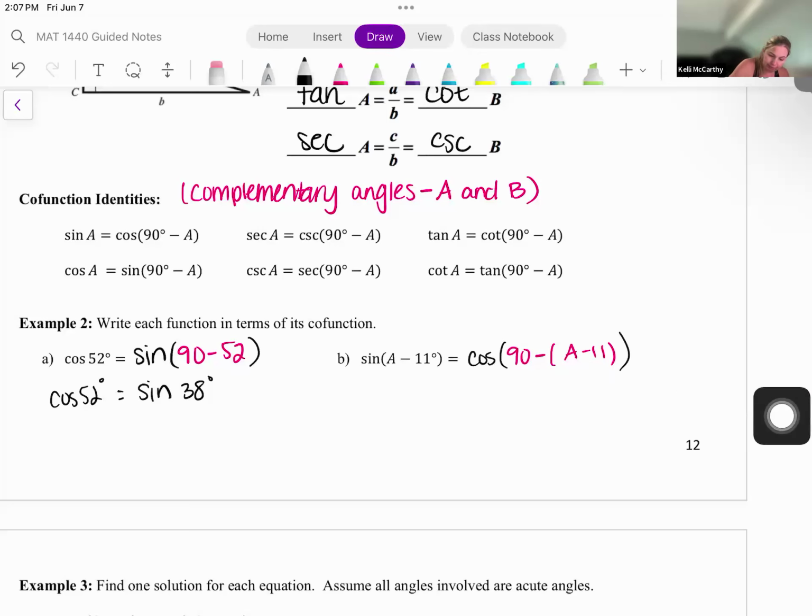So now we want to simplify. Distributing that minus sign first, plus 90 plus 11 is 101. So we get cosine of 101 minus A degrees, where we don't know the value of A.